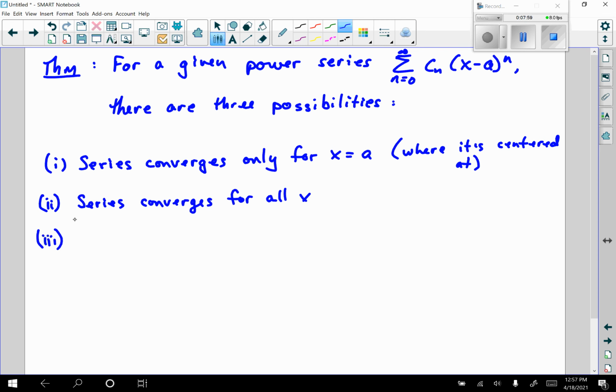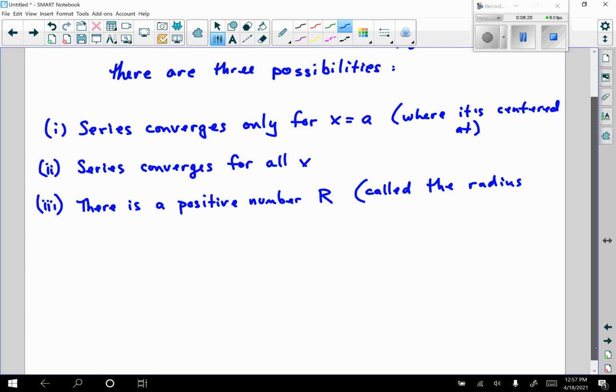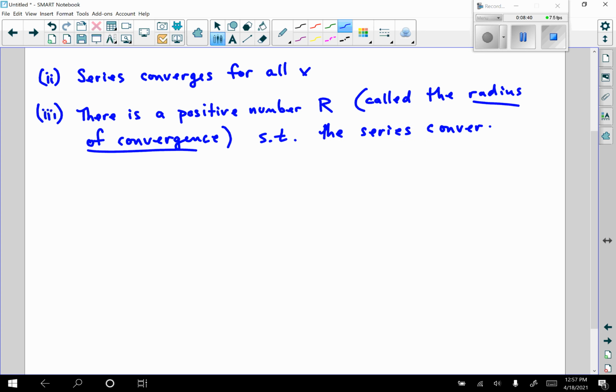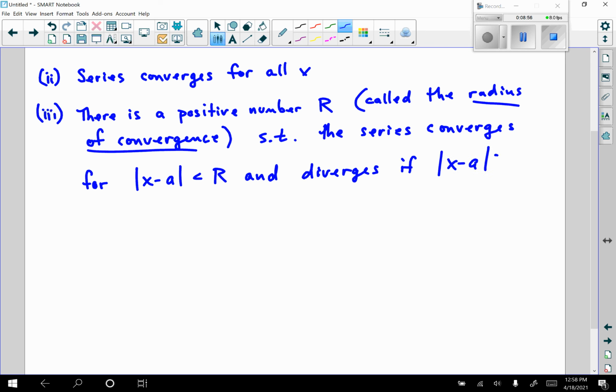And then three, there is a positive number r called the radius of convergence, such that this series converges for the absolute value of x minus a is less than r, and diverges when, or if the absolute value of x minus a is greater than r.